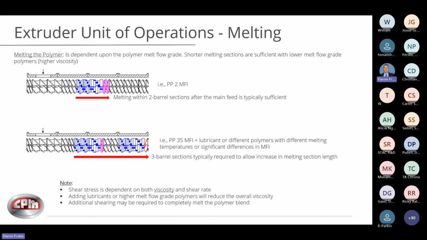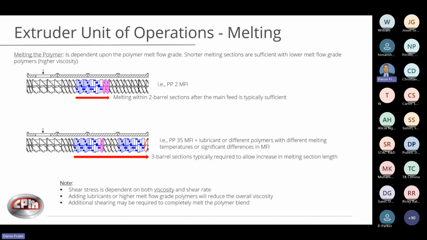So when you're operating at a specific RPM, again, shear stress is dependent on both viscosity and shear rate. So at a fixed shear rate, if your viscosity is dropping or very low because you've added a high melt flow or a lubricant, now it takes longer to melt that resin. There you may get a delayed melting effect.